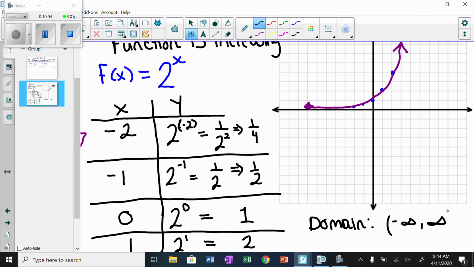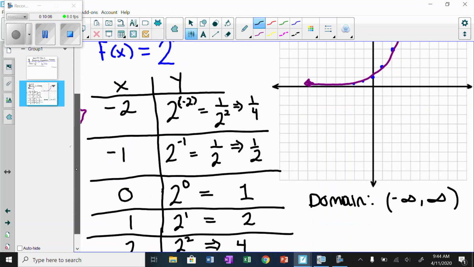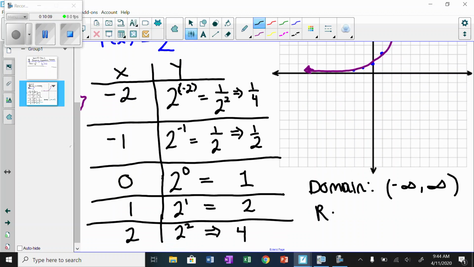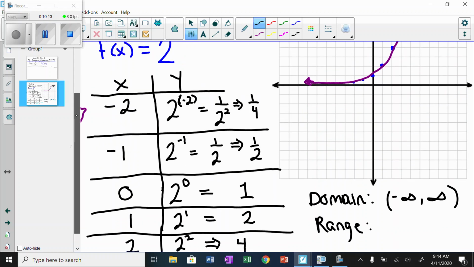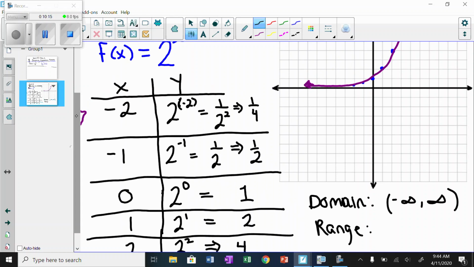Positive infinity. Okay, let's talk about our range. Now, the range will not be the infinities. What is the lowest point here? The lowest point is 0, but we're not really touching it. So that's why I'm going to do a round bracket for 0, and our highest point will be infinity. Okay, so that's an increasing function.